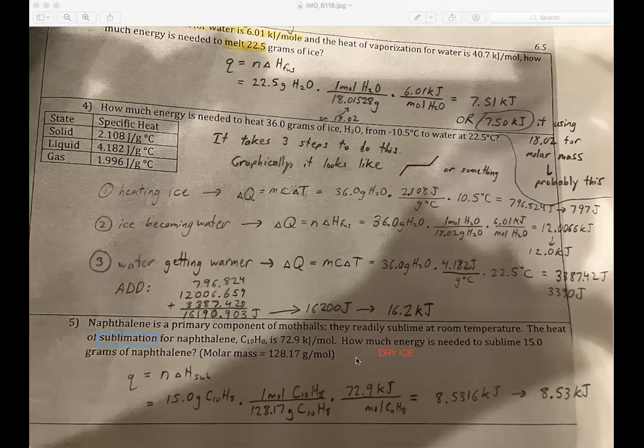Beyond that, you don't really need to know too much about this to answer the question, because it doesn't mention much about temperature except that it happens at room temperature. I don't know anything about mothballs or how they work, but it is this chemical. So we'll go straight to the equation. We have Q equals n delta H. So Q stands for heat.